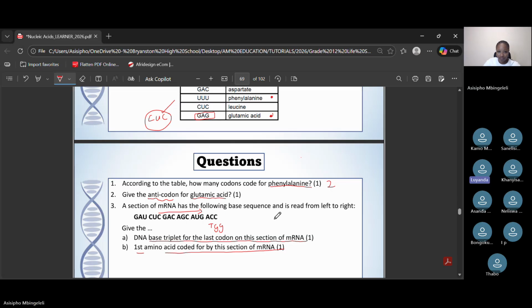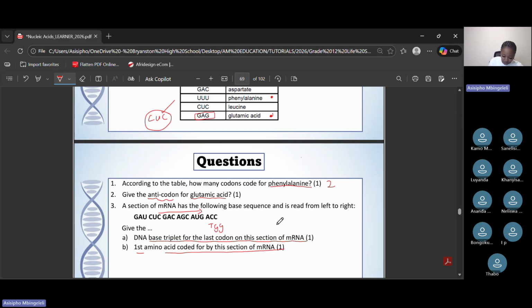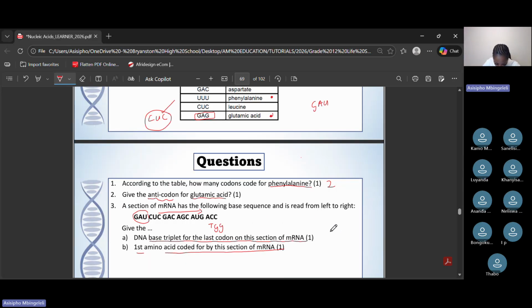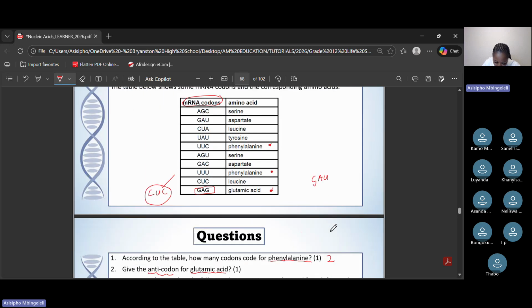From the table. Remember they said first amino acid, so we are going to use the first 3 bases. These 3 bases are G, A, U, yes? Then you go to the table, you look for GAU, and there is the name of the amino acid.